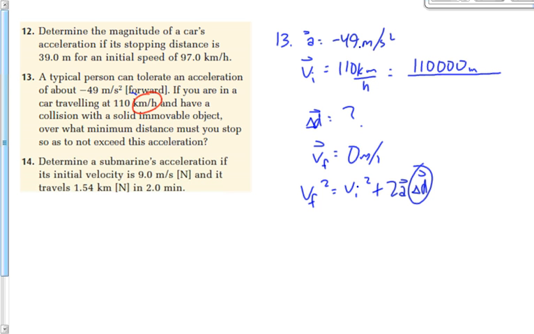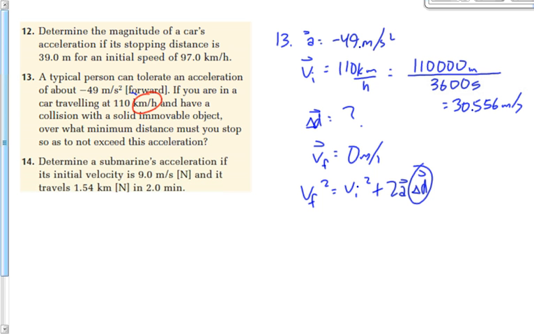Carry. 1 hour is how many seconds? 3,600. What is that, 30 point something? Give me an unrounded number, 30.555. We always want to go 3 or 4 or 5 decimal places, unless it's a final answer. Okay, rearrange and solve for D. Rule number 1, get it on the top, already done. Okay, rule number 2, Seth?